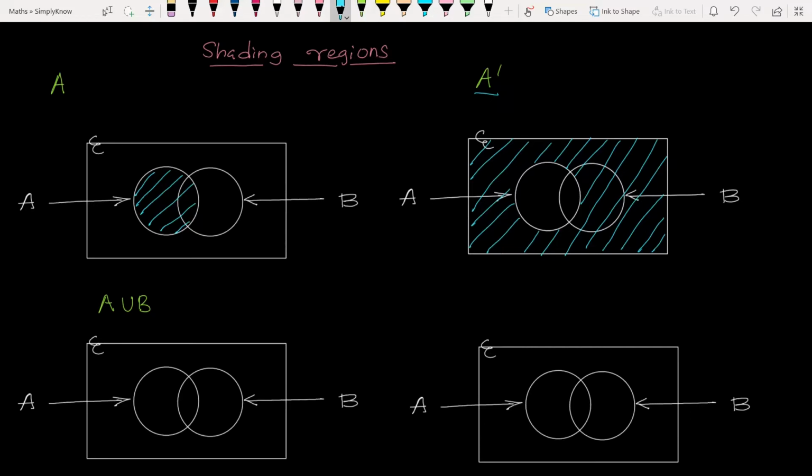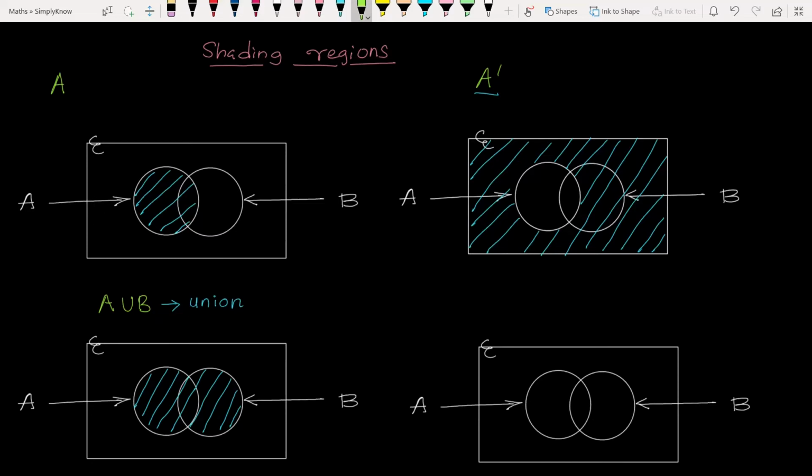So we are going to shade everything in A as well as everything in B. So let me shade A, also B. So remember, when you are to shade the union of two sets, you need to shade everything in both the sets.